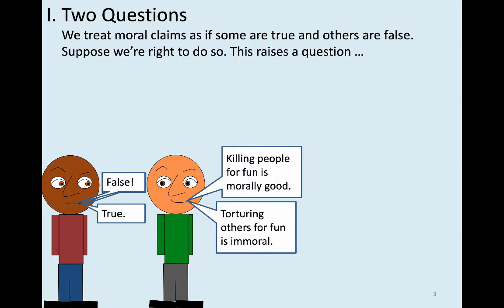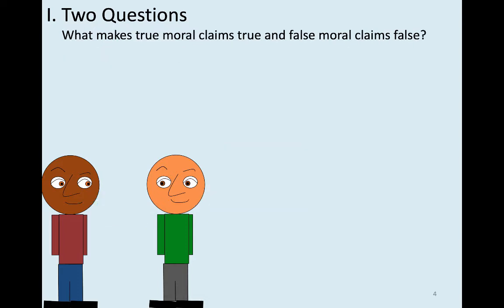Well, suppose we think moral claims have this kind of valence. We'll just talk about truth and falsity. That raises a question: what makes true moral claims true and false moral claims false? This question is importantly ambiguous, and both of the questions we're going to investigate you can think of as ways to disambiguate it, ways to apply an appropriate interpretation.